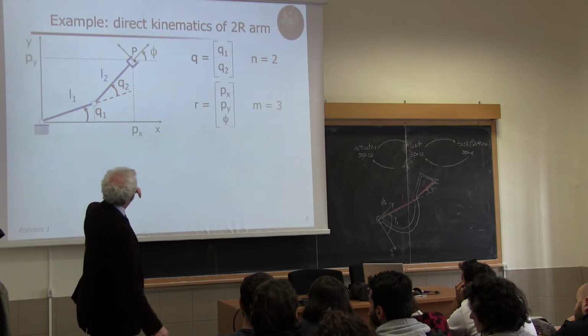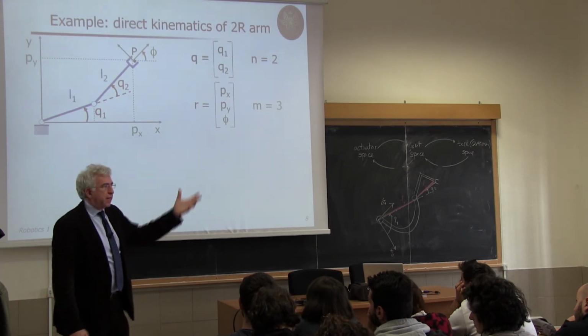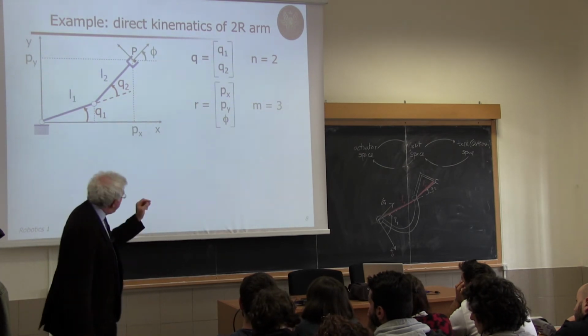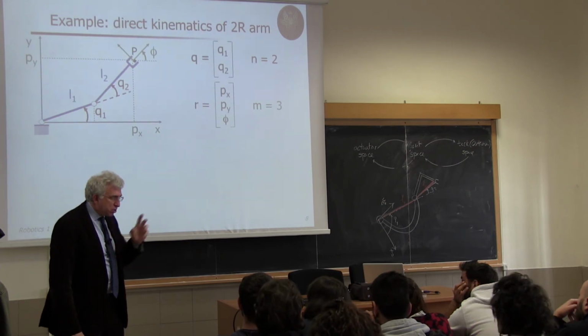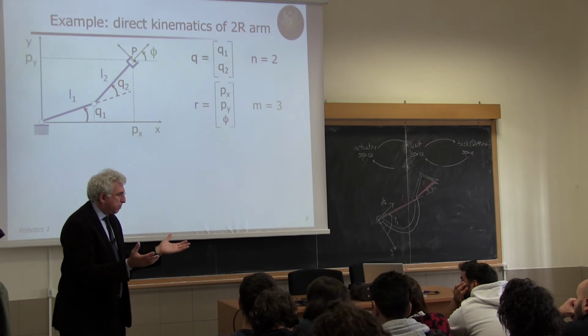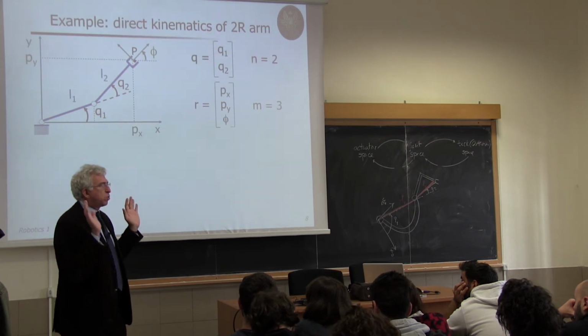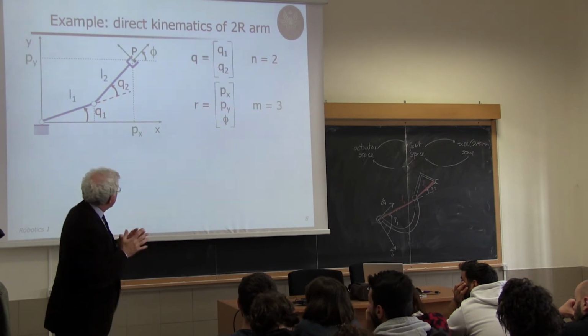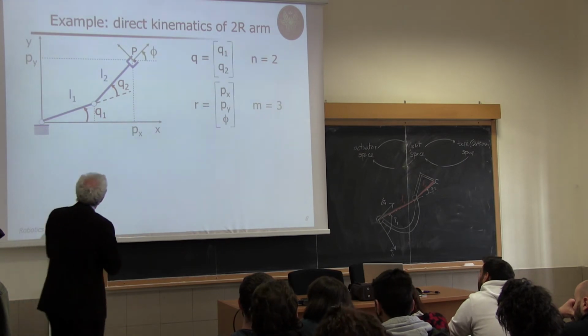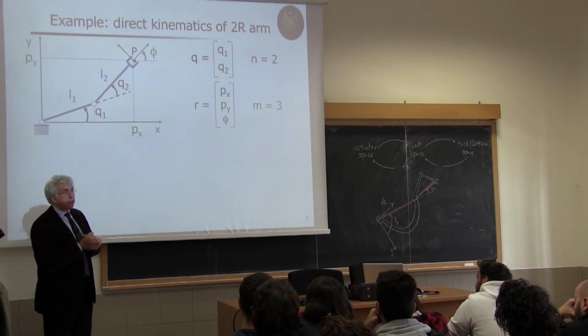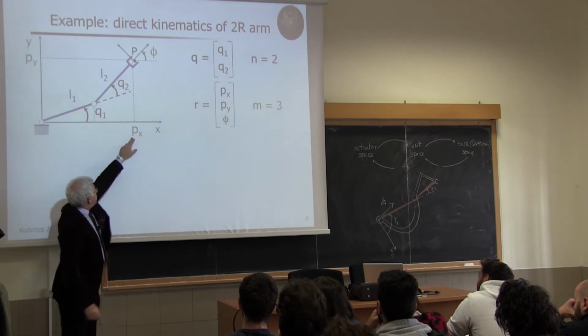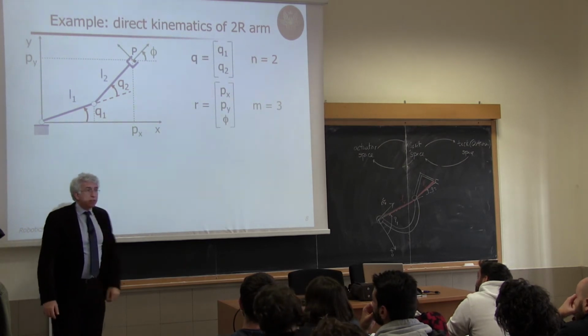Now, suppose that I want to describe something in the Cartesian space at the end effector level. And on purpose, I'm using m larger than n, just to show you that we can do it. The direct computation goes without problem. So, for instance, I'm taking the coordinates of the origin of a frame attached to the gripper. So Px and Py are the two coordinates in the plane.